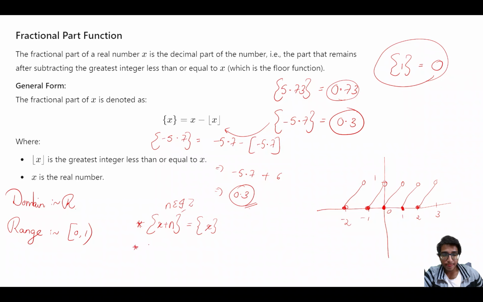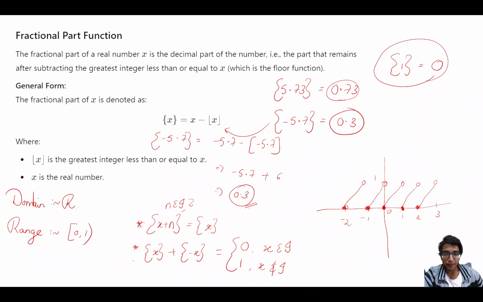And let's say if I have fractional part of x plus minus of x, so what would be the value of this? Again, we would get two values. One would be 0 when x belongs to integers, and we would get 1 when x does not belong to integers.